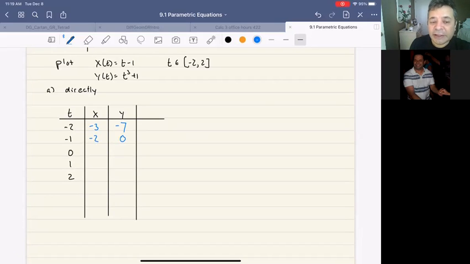If t is 0, x is of course -1, and y is 1. If t is 1, then x is 0, and y is 2. For t equals 2, we get 1 and 9. I'm just taking these equations and plugging t in.